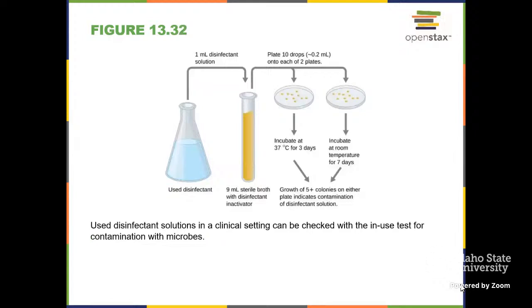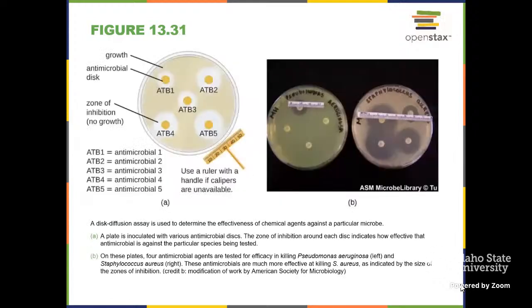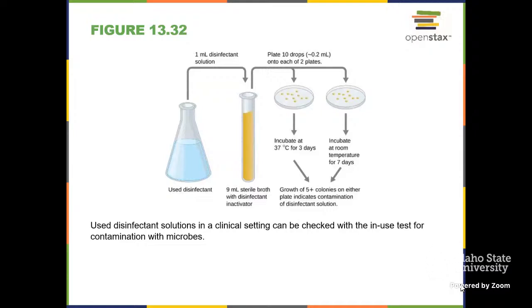This is not the same idea, but a similar one as we're looking at these plates here with these zones. Maybe an agent that we want to look at, like our disinfectant for the bench tops could be an example, all right? So here we've got this disinfectant, some broth, and there's an inactivator, something that's going to neutralize that disinfectant, all right?